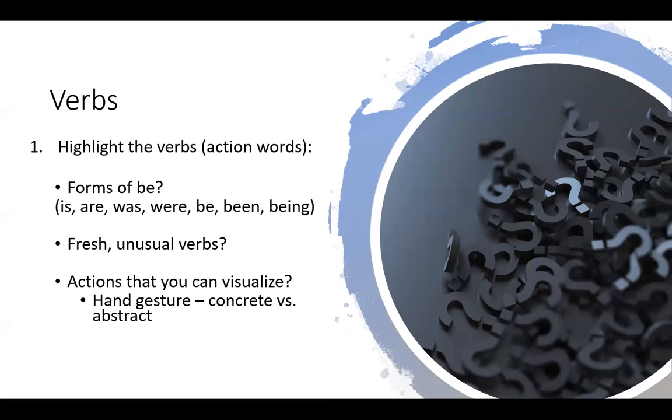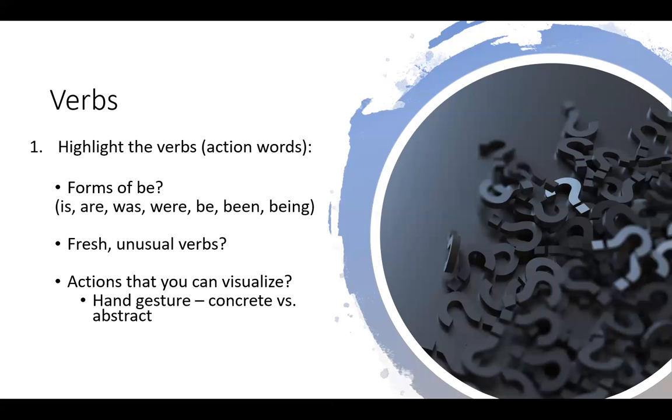When Helen Sword talks about this activity in her book, she mentions that she conceptualizes action words you can visualize as verbs that you can use a hand gesture to emulate. So if I can demonstrate it using my hands, then those are action verbs that I can visualize.